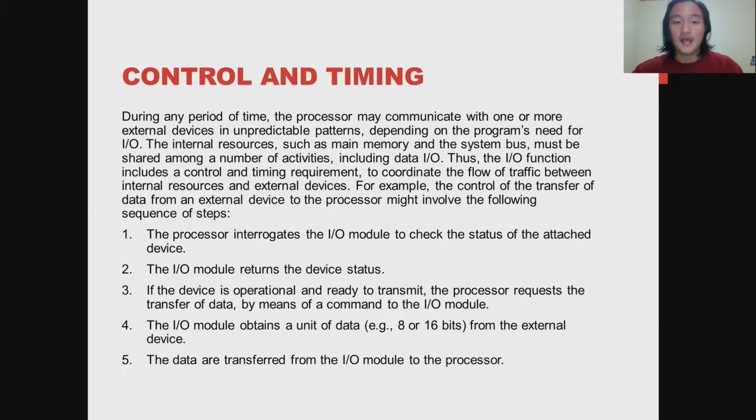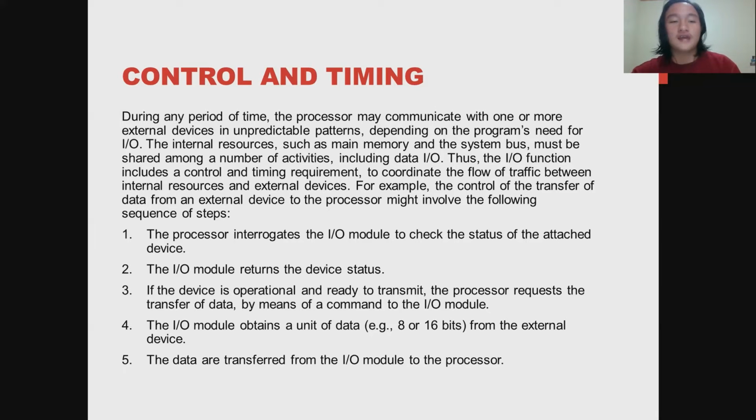During any period of time, the processor may communicate with one or more external devices in unpredictable patterns, depending on the program's need for input-output. The internal resources, such as main memory and the system bus, must be shared among a number of activities including data input-output. Thus, the input-output function includes a control and timing requirement to coordinate the flow of traffic between the internal resources and the external devices.